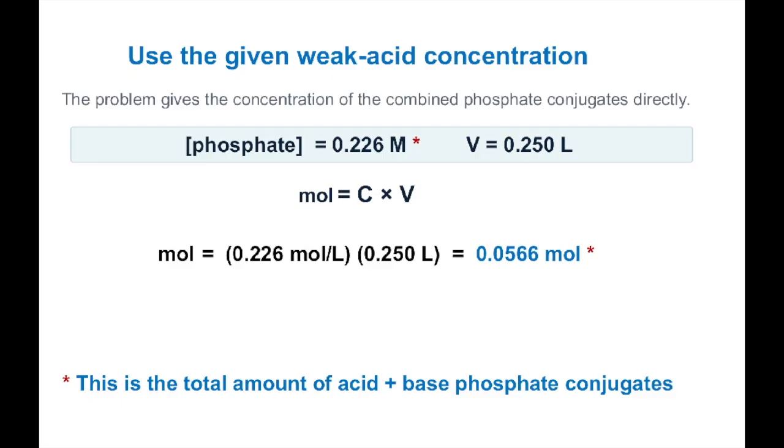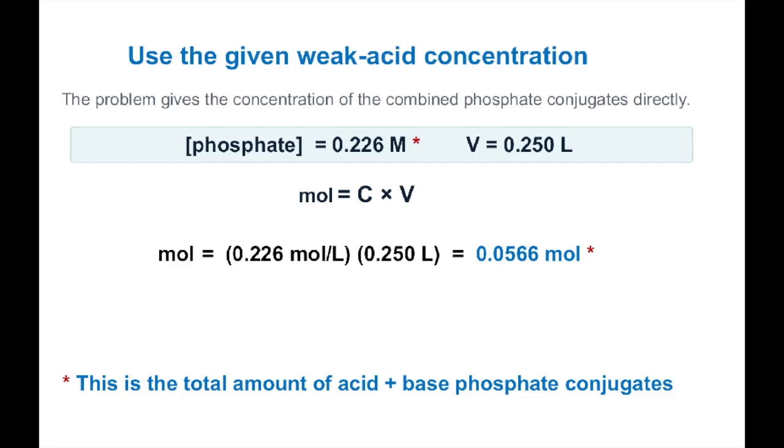So let's use the concentration that we were given for our buffer system. We were told that our total phosphate concentration was 0.226 molar. And remember, that's the total amount of both the acid and the base phosphate conjugates. We were also told that our total volume was 0.250 liters.